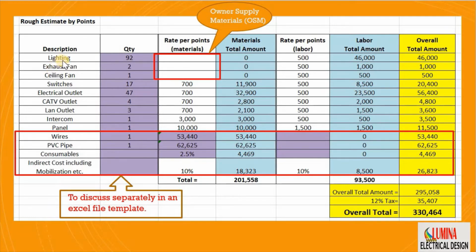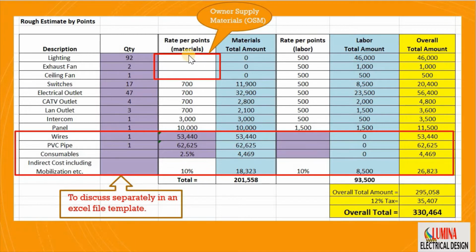For the description, you need to input all the electrical items here. After that, you need to input the quantity based on the drawing. Then, we need to input the rate per point.